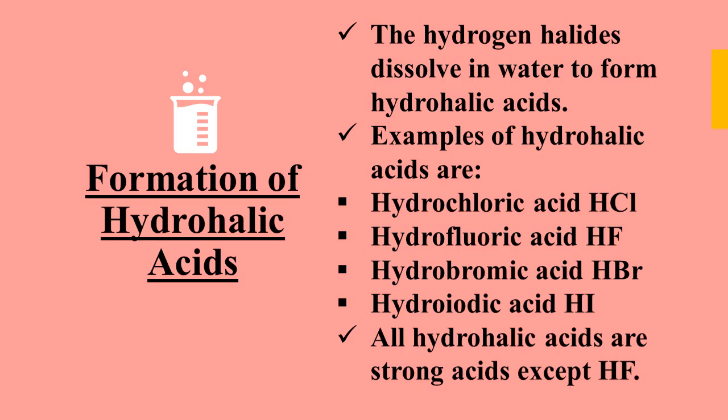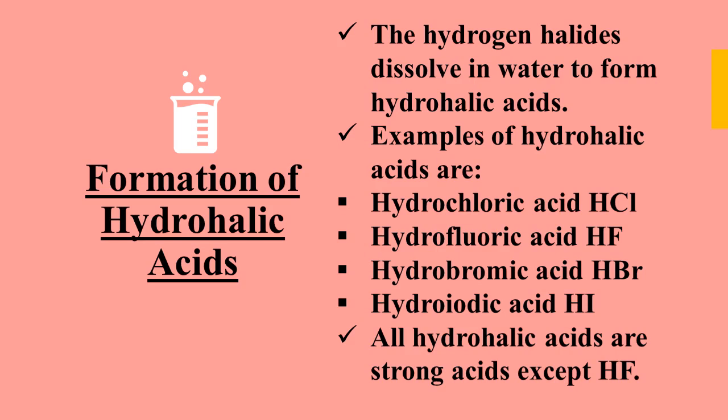Formation of hydrohalic acids. The hydrogen halides, which are formed by the reaction of hydrogen with halogens, when dissolved in water, form acids. These acids are called hydrohalic acids. Examples of hydrohalic acids are hydrochloric acid, HCl, meaning if hydrogen halide, which is HCl, is dissolved in water, it forms hydrochloric acid.